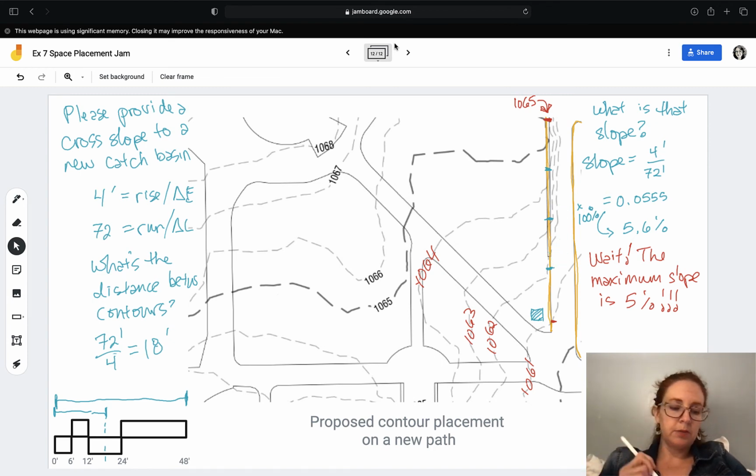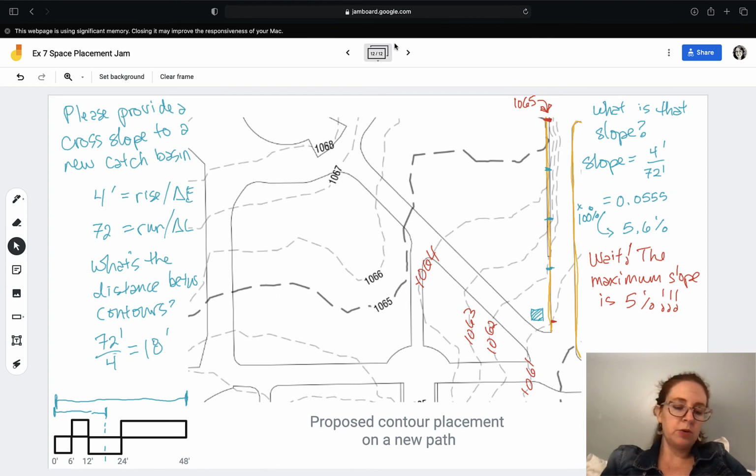So again, I'm thinking this through, and if I were to have put my contour like this, that's going to create a much closer proximity right there, a change in elevation of a foot over a pretty short distance. And I'm actually not okay with that after all.